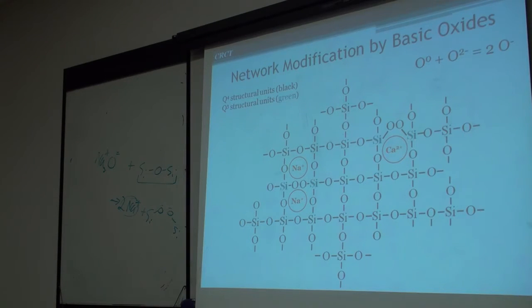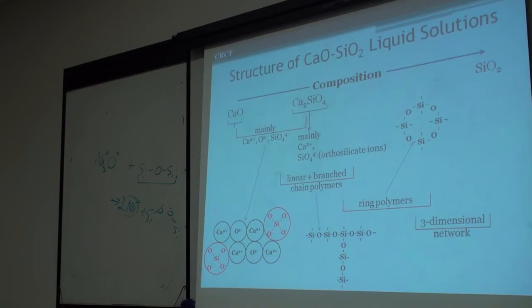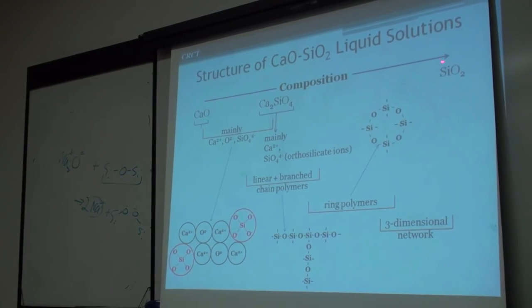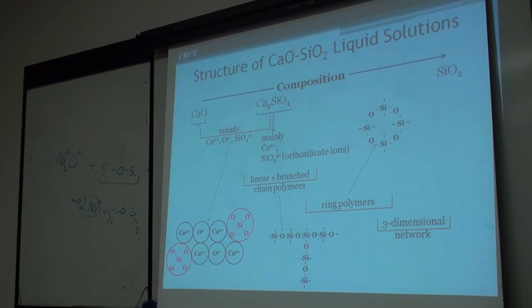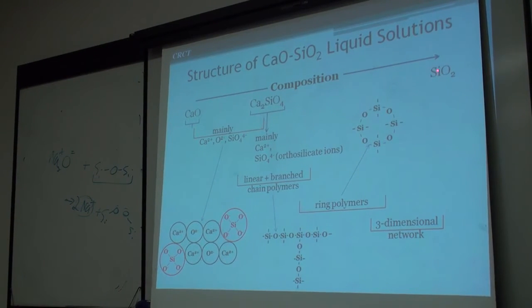So let's look at the system. Let's go across the whole system now from composition. Let's start with the liquid. We're going to have complete miscibility from calcium oxide right over to silica. Over here at the pure end in silica, we have a three-dimensional network, which is what we just talked about.